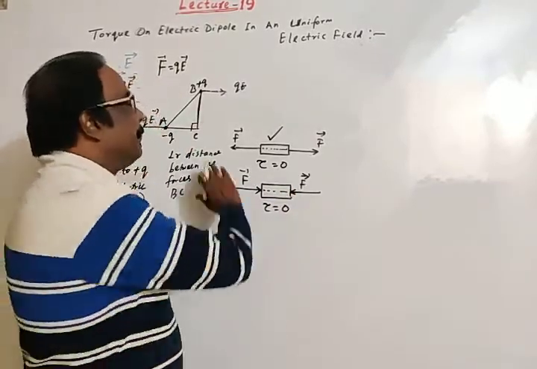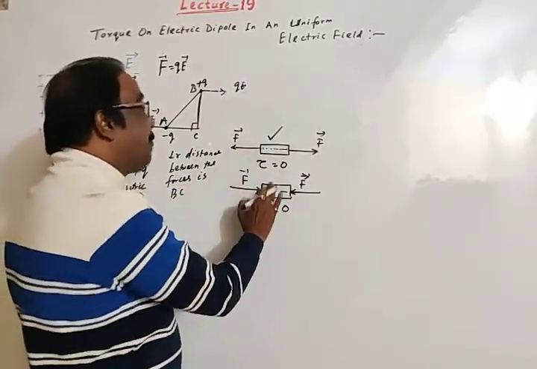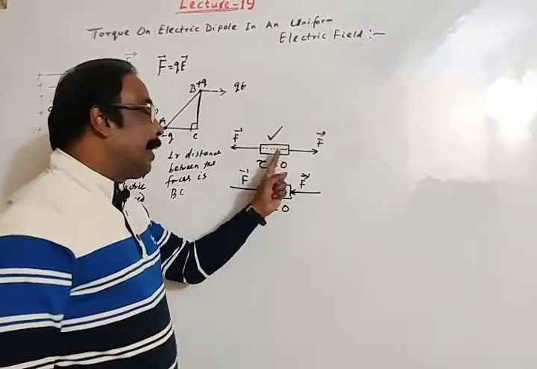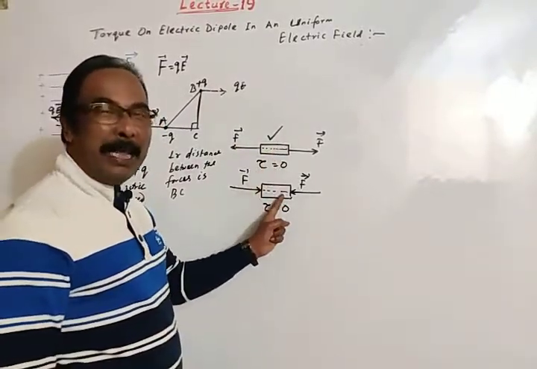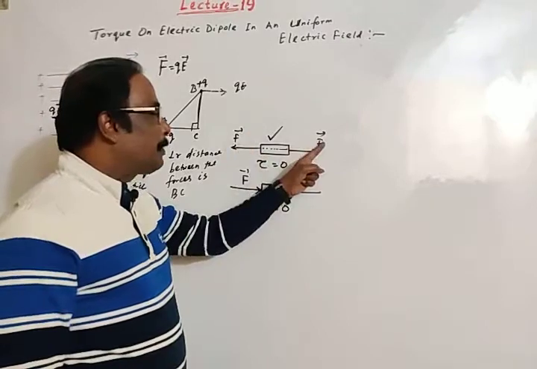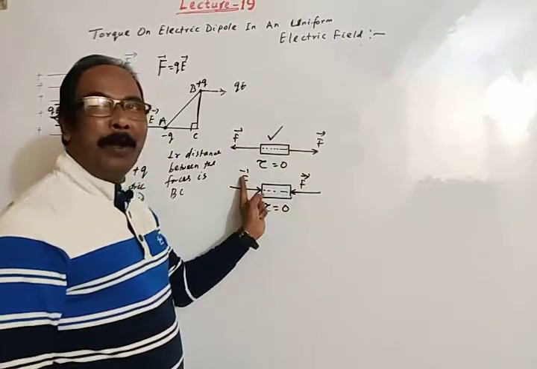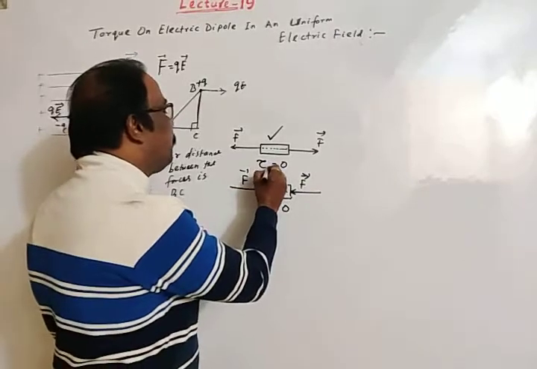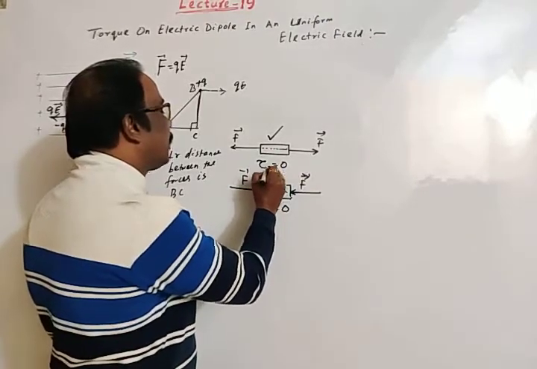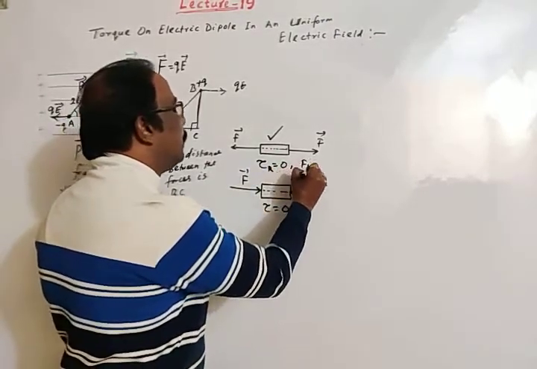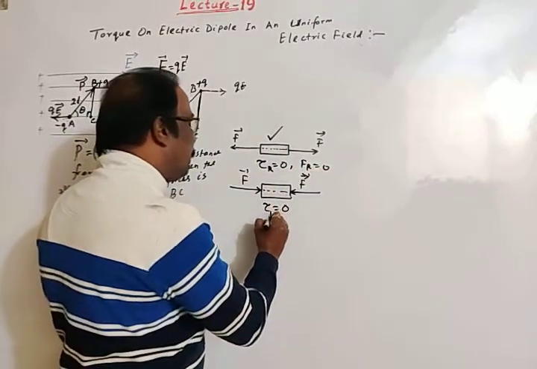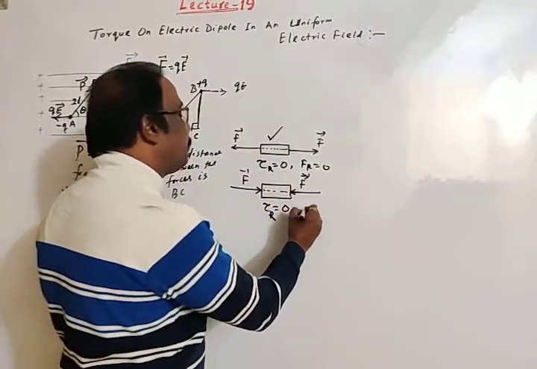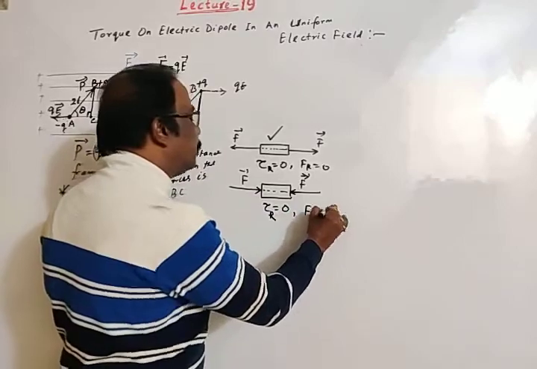Okay. So if the line of action of two equal and opposite forces is the same, and the two forces are equal in magnitude and opposite in direction, then the resultant force is 0. I am writing it: resultant torque is 0 and also resultant force is 0.